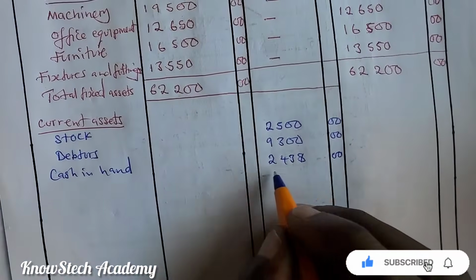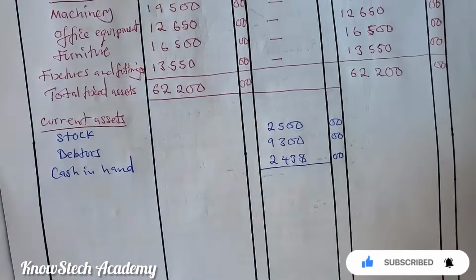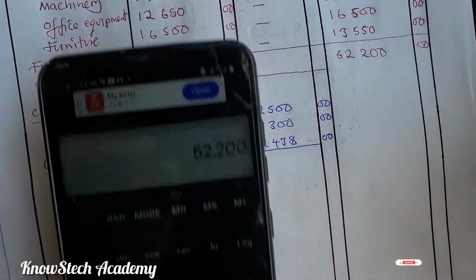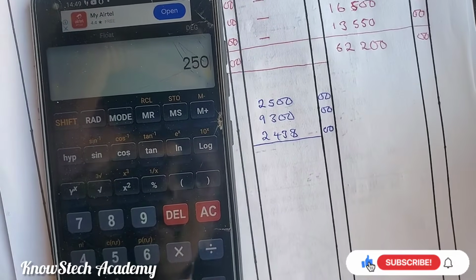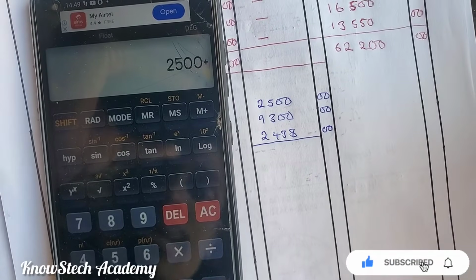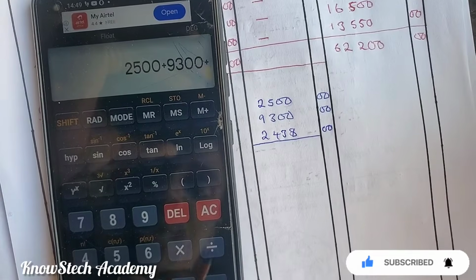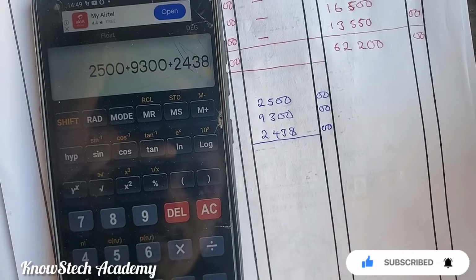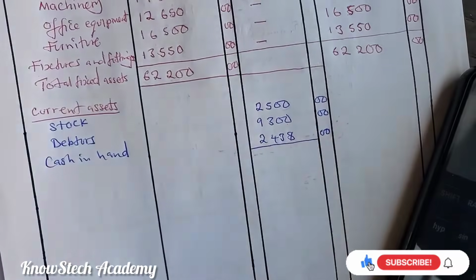So we're going to add. We draw a line here, then add. On the calculator, we write 2,500 plus 9,300 plus 2,438. So it's giving us 14,238.